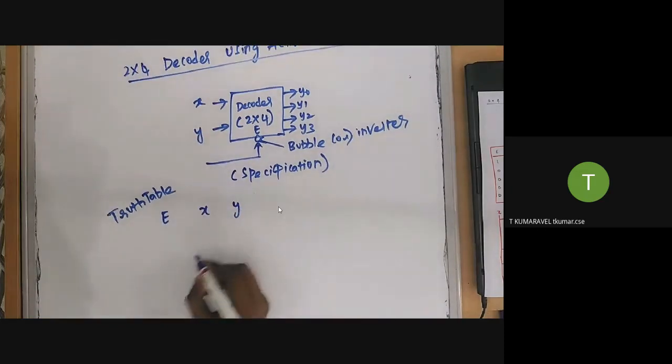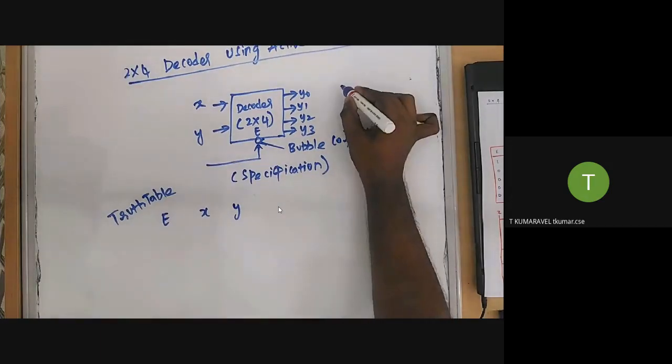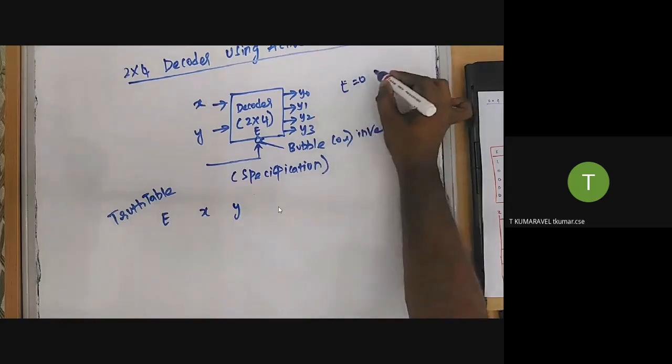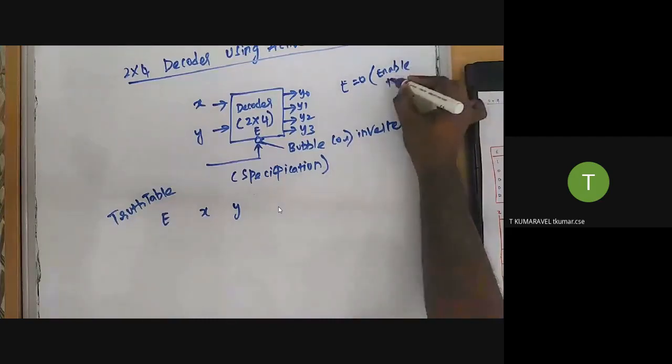Already I said, if we consider active low input, an enable value of 0 means it enables the circuit.